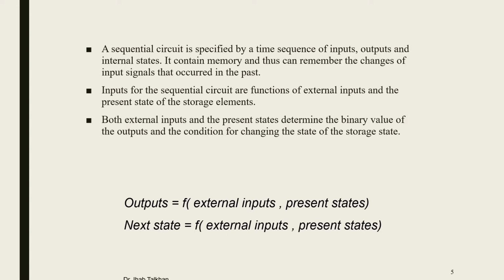Also, inputs for the sequential circuit are functions of external inputs and the present state of the storage element. Both external inputs and present state determine the binary value of the outputs and the condition for changing the state of the storage state. This means the output is a function of external input and the present state, and next state is a function of external input and present state. This actually illustrates what we mentioned in the previous two slides.